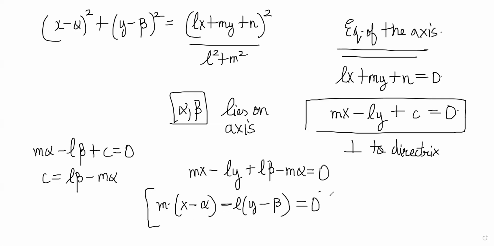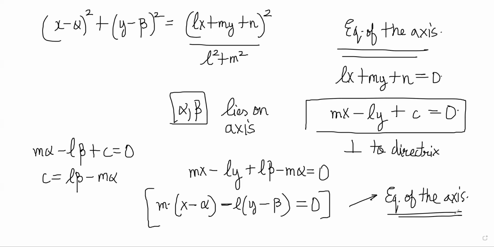So this equation becomes the equation of the axis. Once you have an oblique parabola whose directrix line was given to you, you can find the equation of the axis if you know the focus, right? So this is the process to do that.